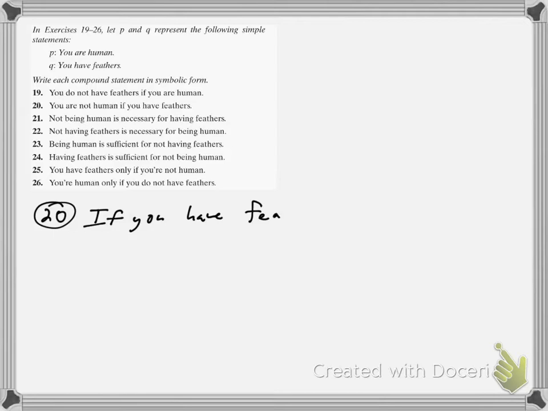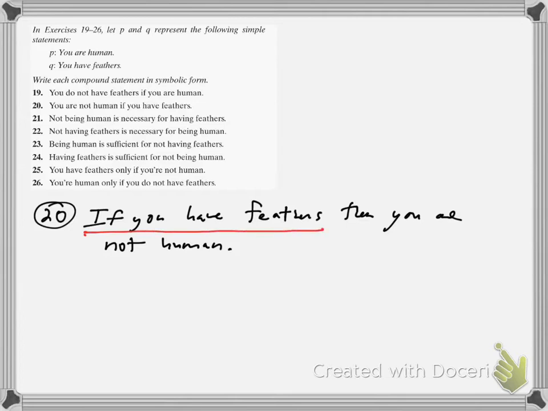Just that fits more the pattern, then you are not human. They reversed the order in English there, but this means the same thing. So this is my first statement, if you have feathers, and my second statement, then you are not human.